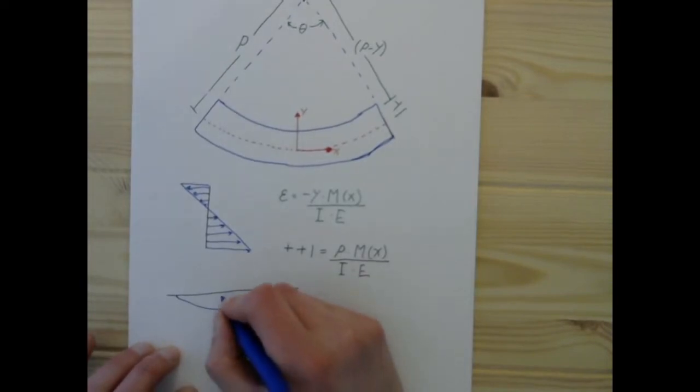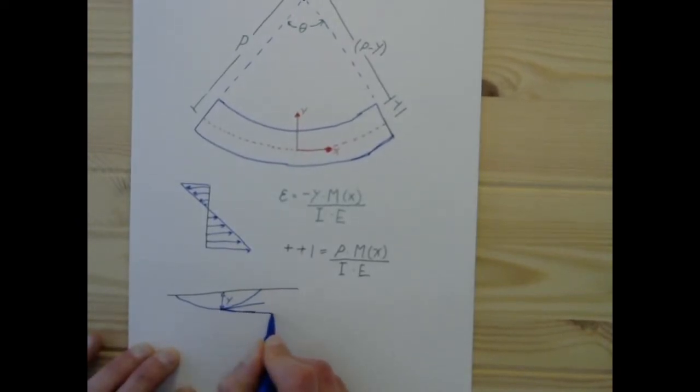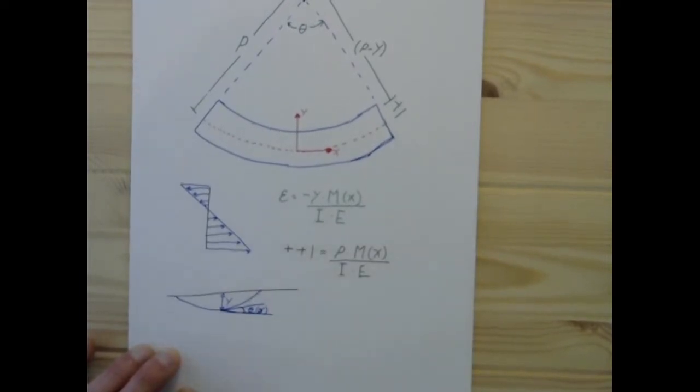We've got our value of y right there, and we've got this ray that is tangent to it at this point. Then our rotation at this point, make that a straight line, is going to be that same rotation there. It's a function of x. It's going to change as we move along this length.